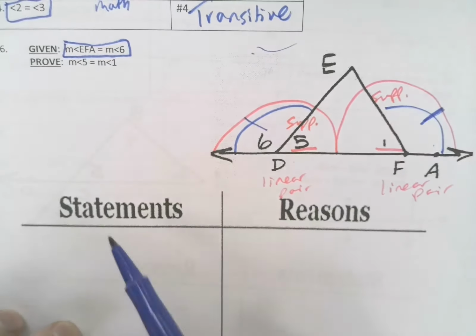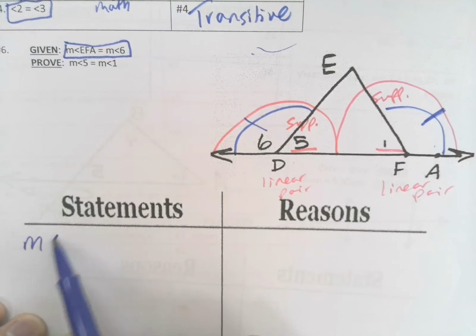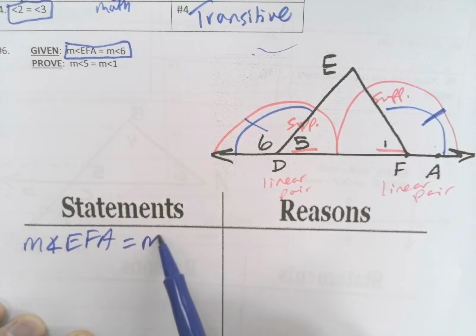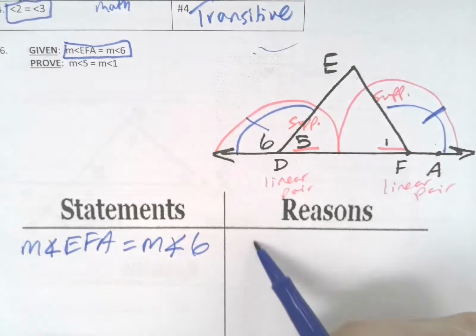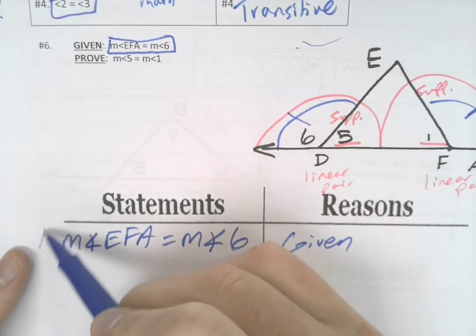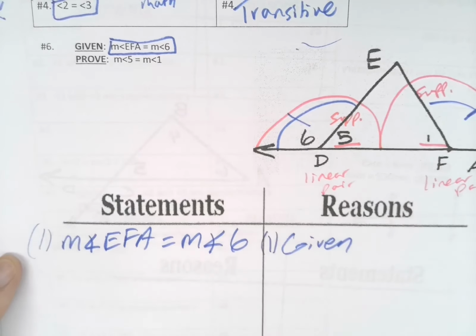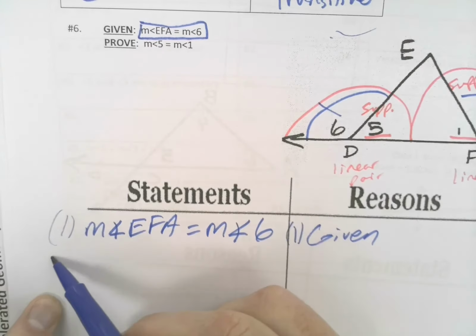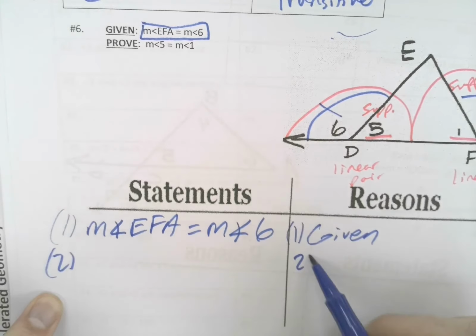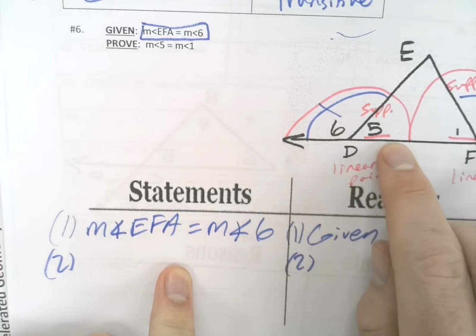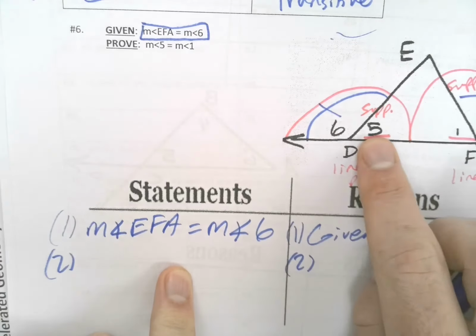So let's start with what we're given. Angle EFA is congruent to the measure of angle 6. So we're given that. No sweat. So that's step 1 for both. Now, based off this, again, we're sticking with this concept here. We know angle 6 and angle 5 are a linear pair.